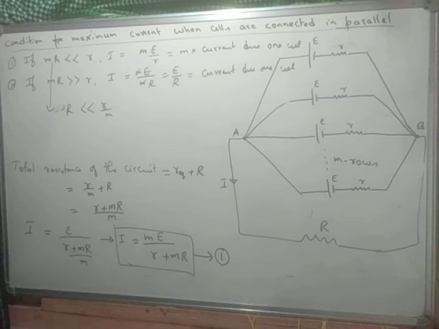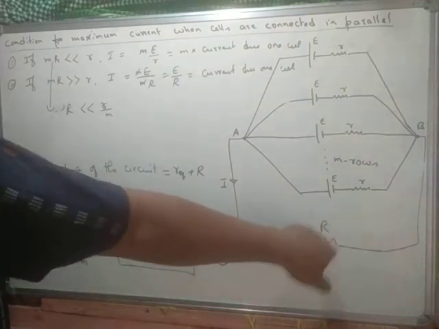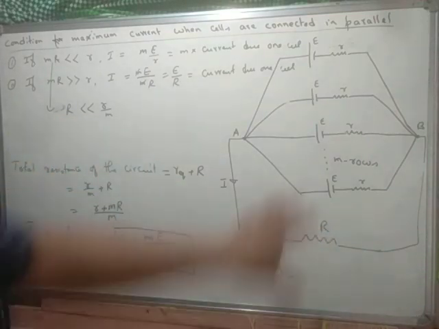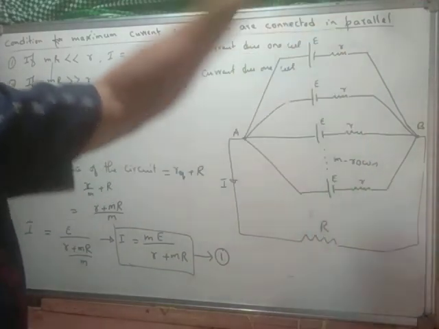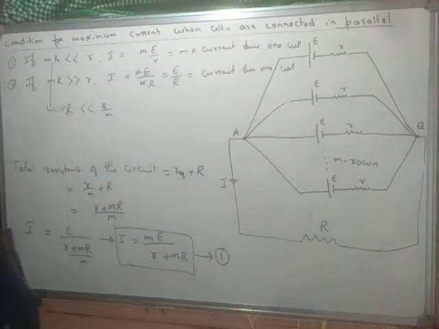This r upon m, as you have seen, is the equivalent internal resistance. When capital R is smaller than this equivalent internal resistance, the current in this case is said to be maximum. Please note down this point very carefully about the condition to get maximum current in series and parallel combinations of cells.